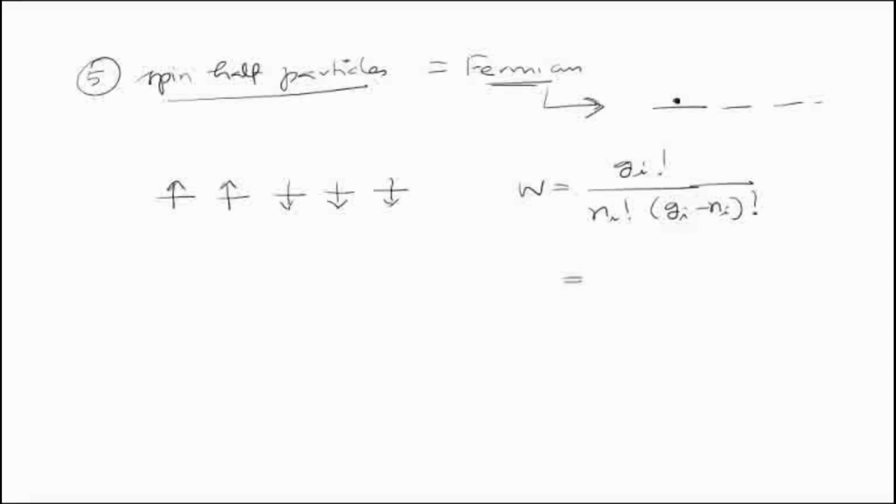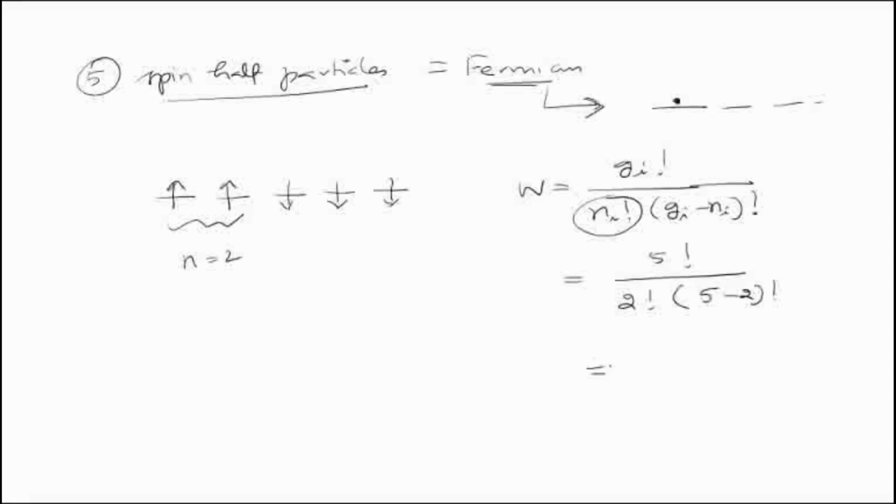So what is the degeneracy? Degeneracy is 5 states, so 5 factorial by. Now let me consider the up spin as n. So n value is 2 here. So 2 factorial into 5 minus 2 factorial.